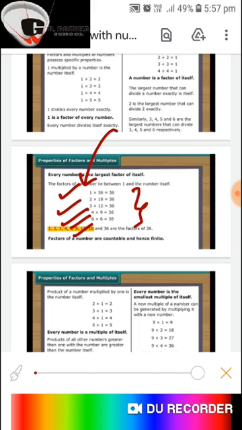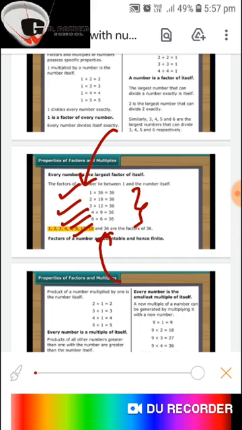Its least factor is 1, and its highest factor is the number 36 itself. All the other factors lie between 1 and 36. We cannot have a factor of 36 that is greater than 36. The factors of 36 are either 36 or less than 36.